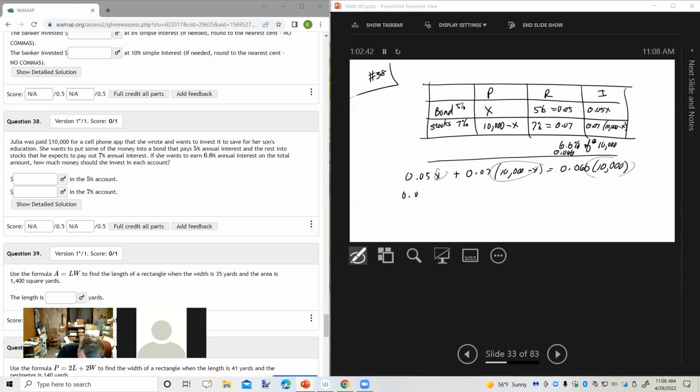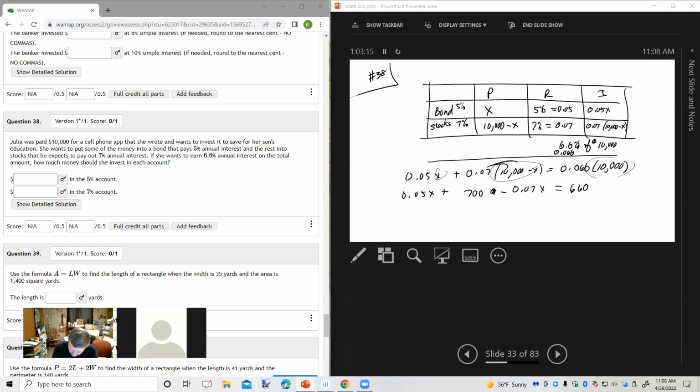So we get 0.05x plus, if we take 0.07 times 10,000, we get 700, minus 0.07 times X equals 0.066 times 10,000, which is 660.